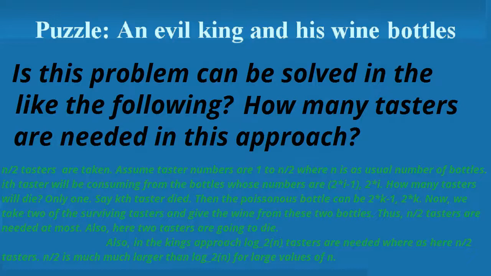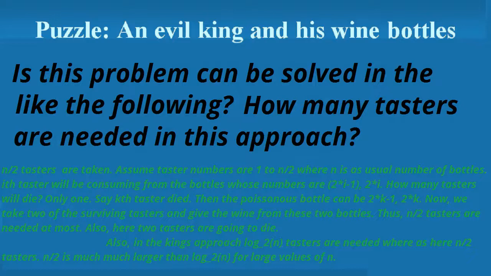How many testers are we using in total? n by 2 only. However, is this better, or is the method used by the king better? The king's method is better. He is using at most log 2n testers only.